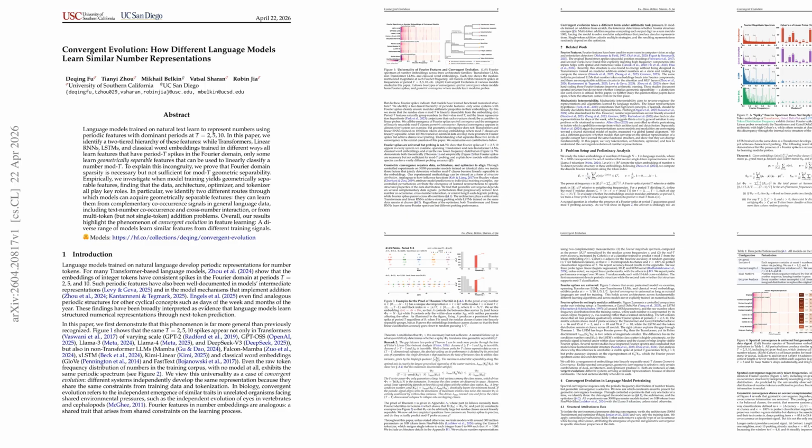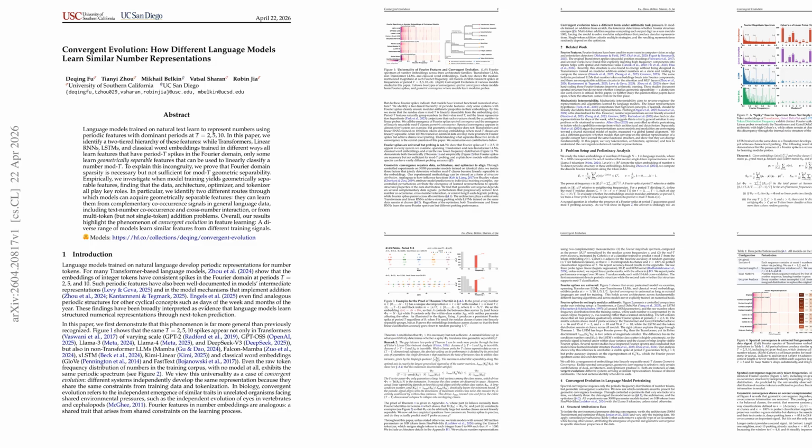At the spectral level, discrete Fourier analysis of embeddings for integers 0 to 999 reveals robust spikes at periods T equals 2, 5, and 10 across heterogeneous systems: GPT-2, GPT-OSS, Llama 3, DeepSeek V3, Mamba 2, Falcon Mamba, xLSTM, Kimi Linear, and even static word embeddings such as GloVe, FastText, Word2Vec, and PPMI. Strikingly, the raw corpus frequency distribution of number tokens already contains the same periodic spectrum, so Fourier spikes reflect training data and tokenization statistics rather than necessarily learned numerical structure.